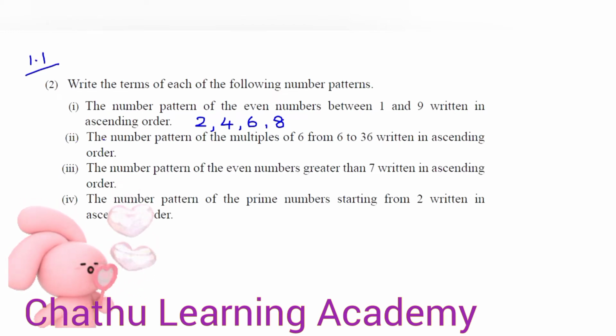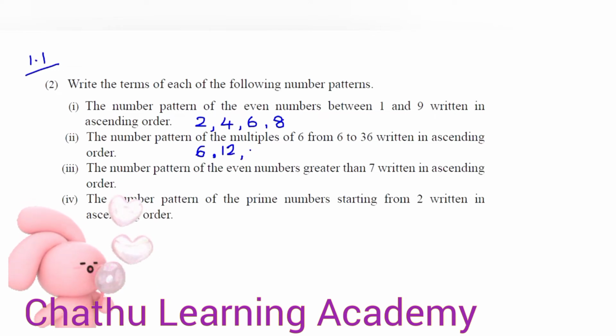Second question, the number pattern of the multiples of 6 from 6 to 36, written in ascending order. Here we can start this number pattern from 6. Then 6 also belongs to this number pattern. 6, this is the first term. Second term, 6 times 2, 12.